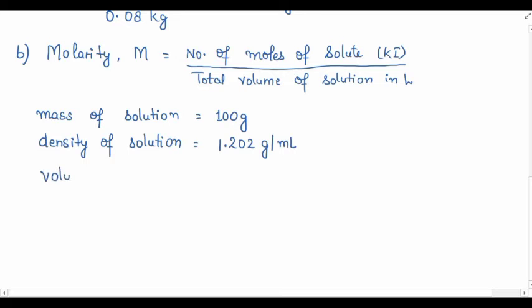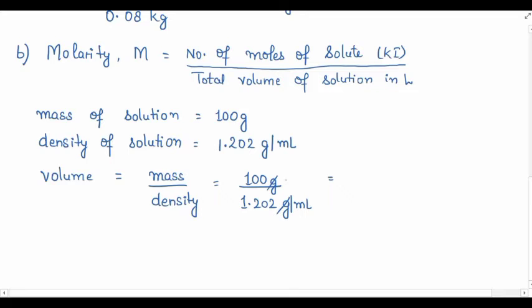So we can find the volume easily. You know very well about density: density is equal to mass upon volume. So the volume is equal to mass upon density. Here the mass is 100 gram and the density is 1.202 gram per ml. Gram to gram cancels out and we find the volume in ml.